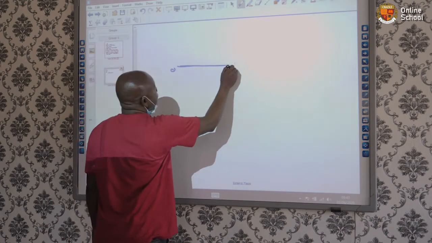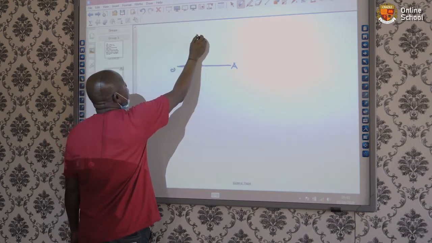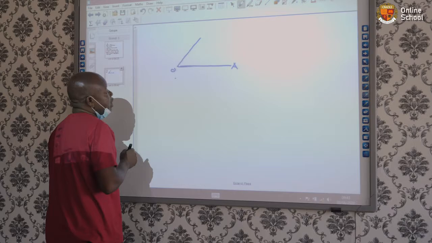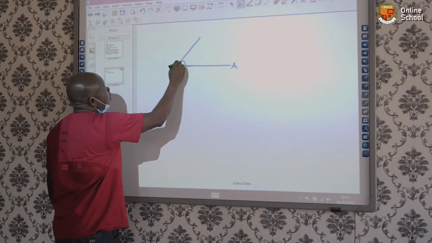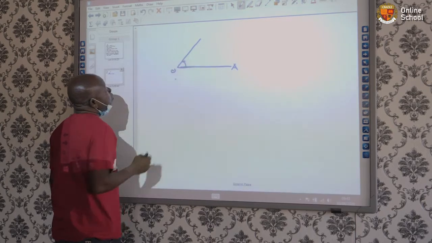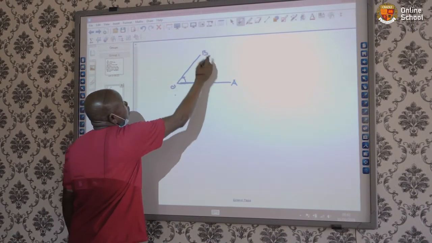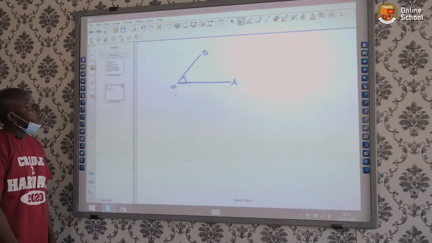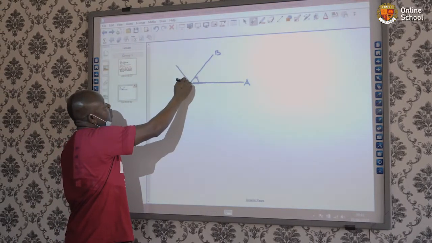If you label this as A, then you have another line coming to join it. This fixed point is called the vertex. An angle is formed. This is B, while this is A. A and B are referred to as the arms of the angle, while this point is the vertex.